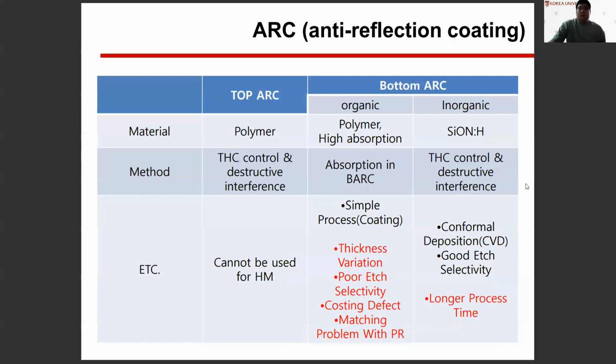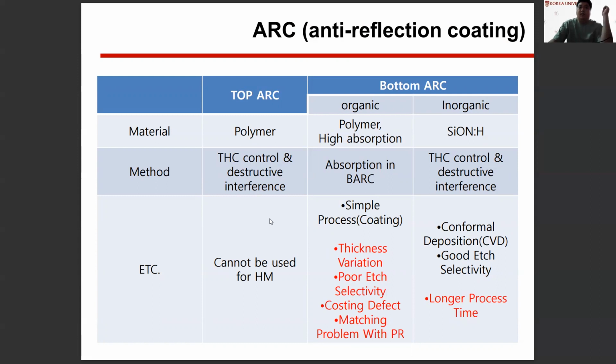To deal with this, we put the anti-reflection coating on the top of the photoresist or on the bottom of the resist. The anti-reflection coating tends to be a polymer for top ARC or bottom organic ARC.